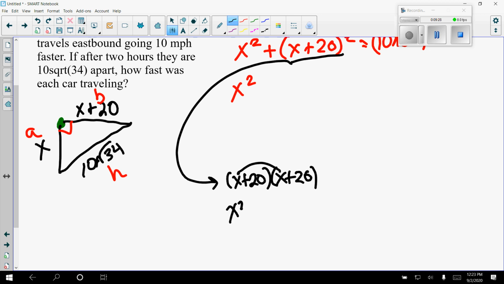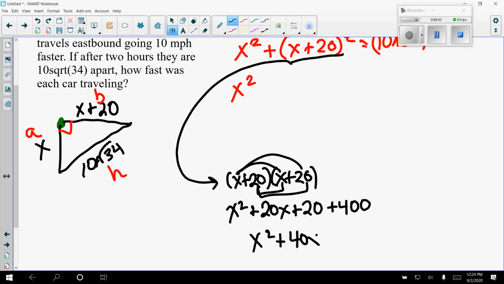First, x times x is x squared. Outer, x times 20 is 20x. Inner, 20 times x is 20x. And last, 20 times 20 is 400. So when I combine my terms here, I'm going to get this. And then I'm going to take this and put it back up there.